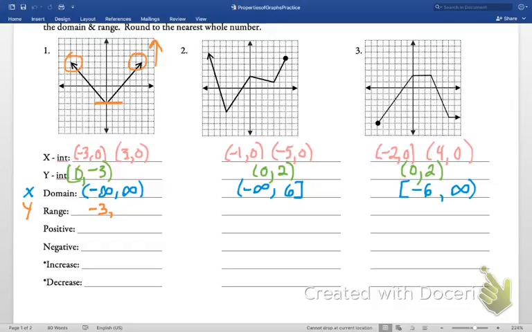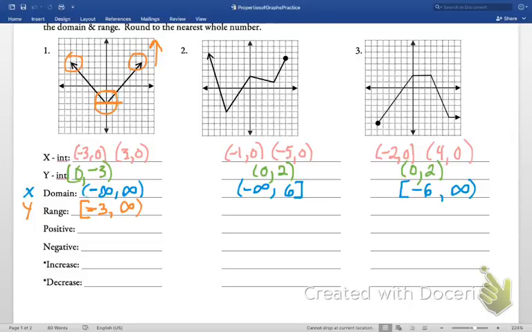My highest point is going to be infinity. So we go from -3 to infinity. Now, does that -3 have a bracket or a parenthesis? It actually has a bracket because this curve is intersecting at -3. It actually touches it.